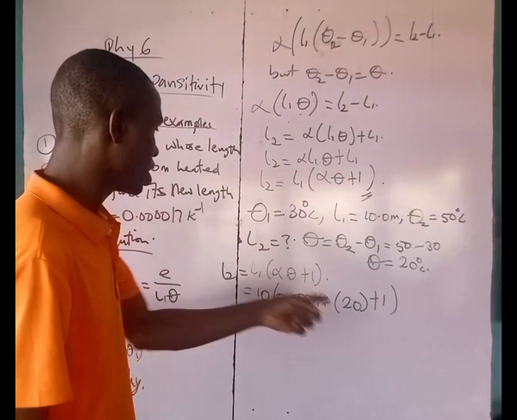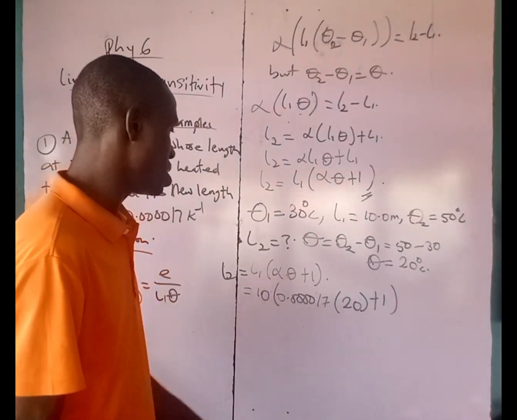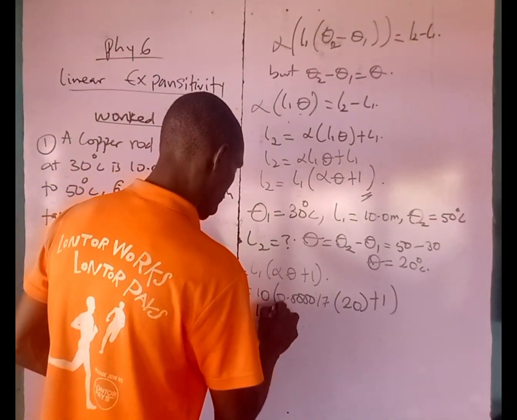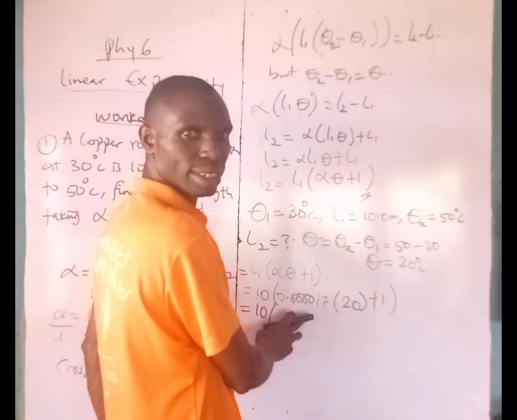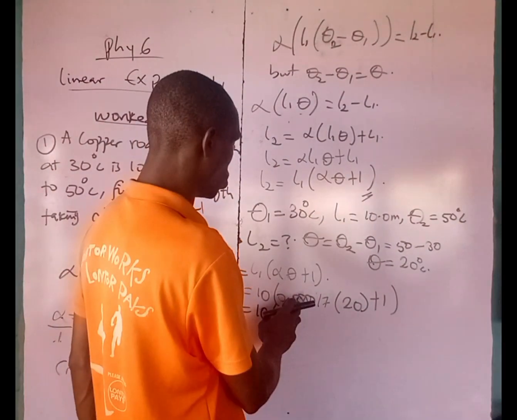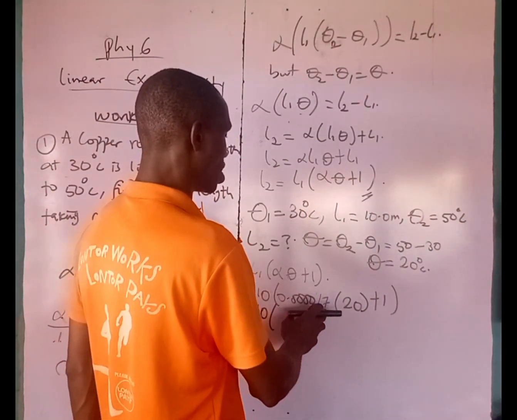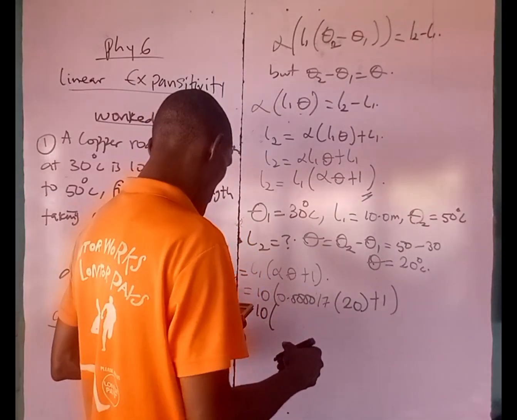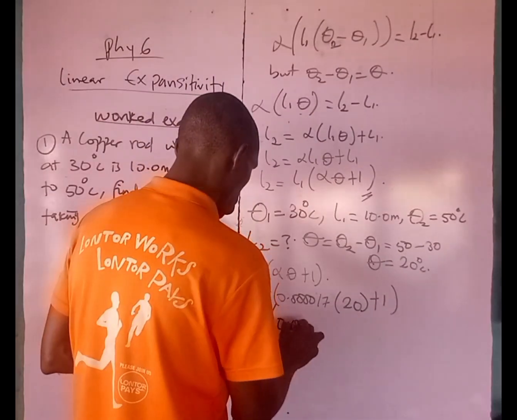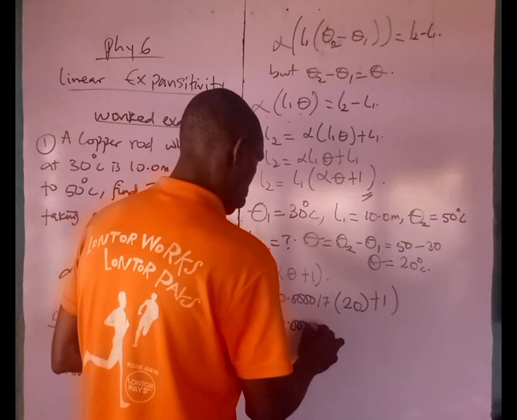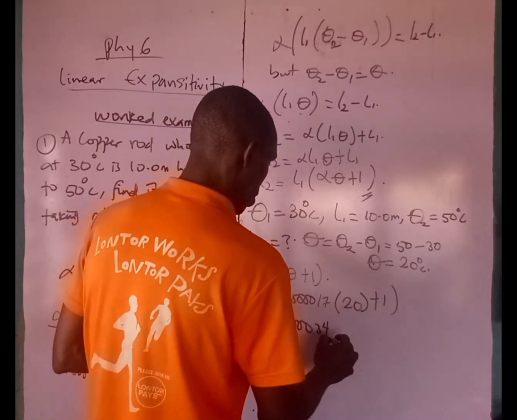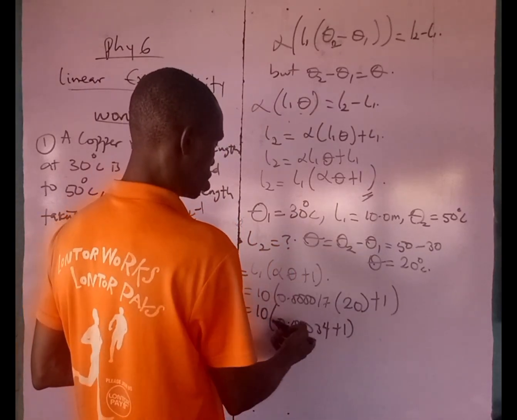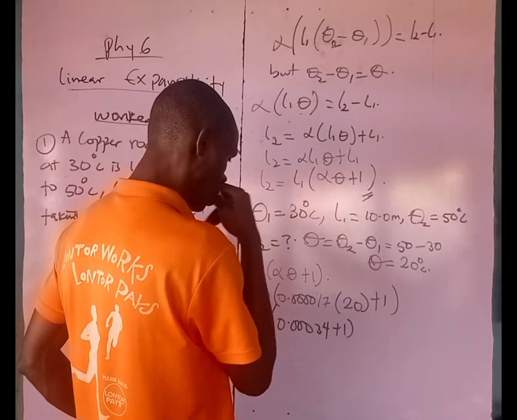So first let's multiply this and this. We are going to have 10 into this multiplied by this. 0.000017 multiplied by 20 is going to give us 0.00034. Now you have plus 1. This multiplied by this will give us this. Alright.